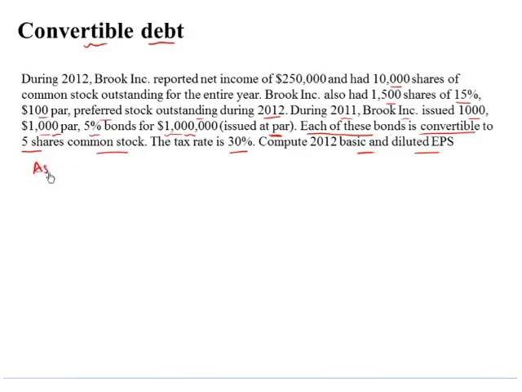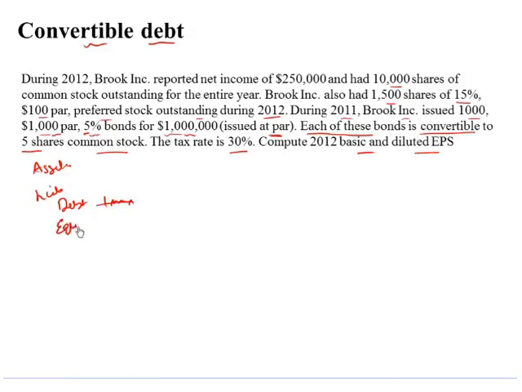So at the moment in my capital structure, there would be debt of $1 million on which I'm paying a 5% coupon. The holder of this debt, if so desires, can convert this debt into equity.